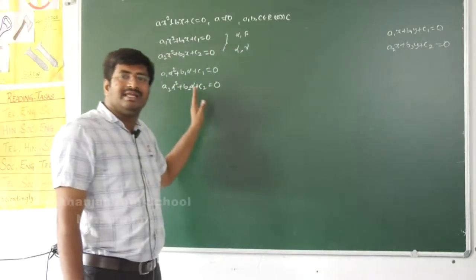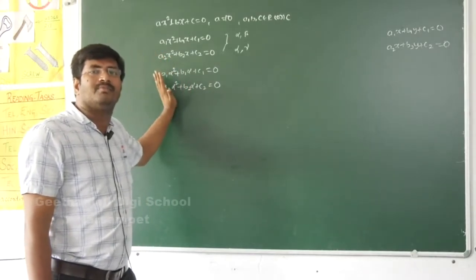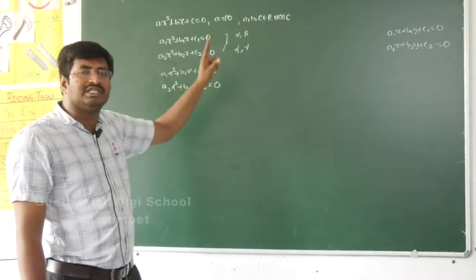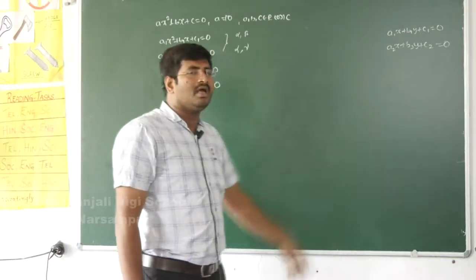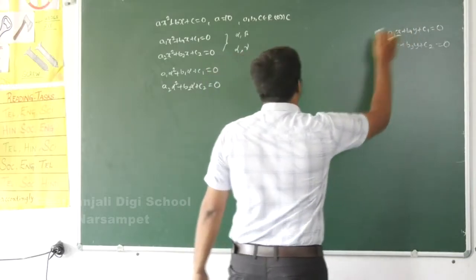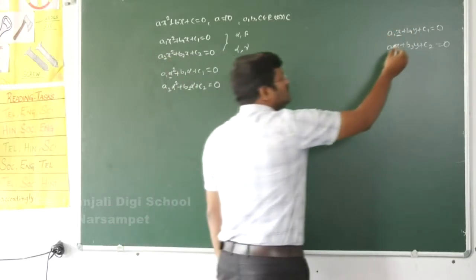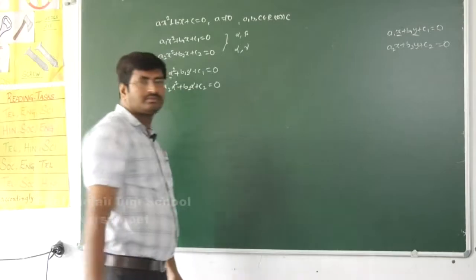While finding the common root condition for both quadratic equations, we will use that method that you learned previously. The only difference is that instead of x here alpha square is there, and instead of y here alpha is there.